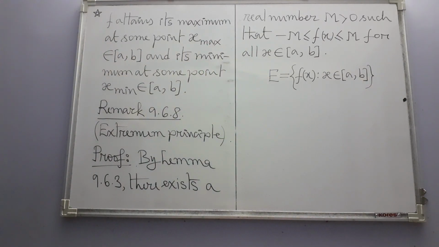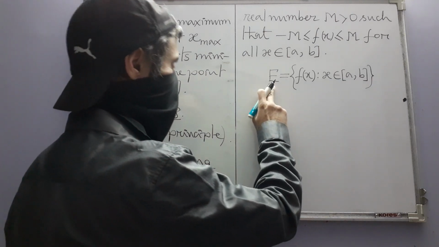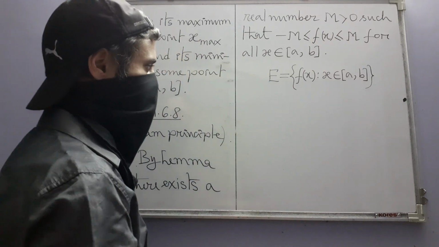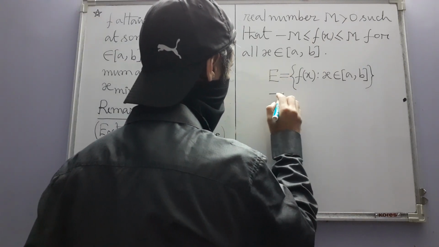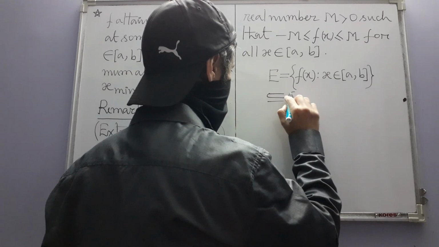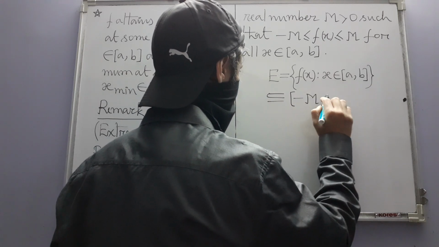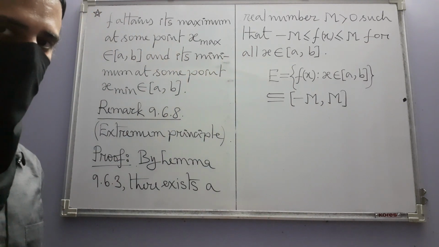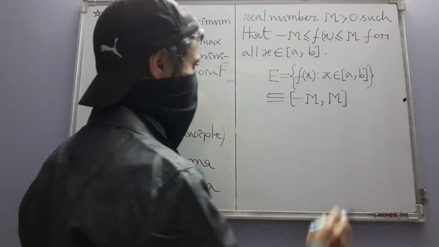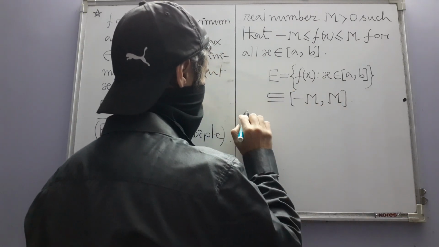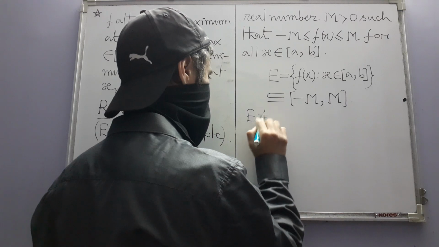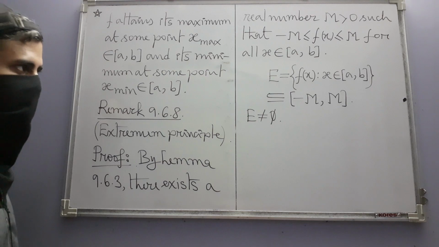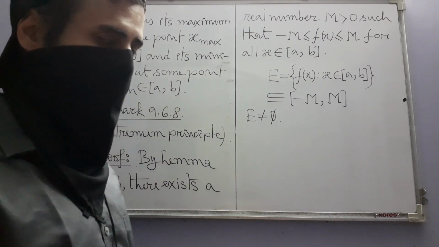So because this is E and all the f values satisfy these inequalities, we immediately see one thing, that E is a subset of this closed interval. That is the first observation. And the second observation is this: E is non-empty, which actually seems obvious, but exactly why?